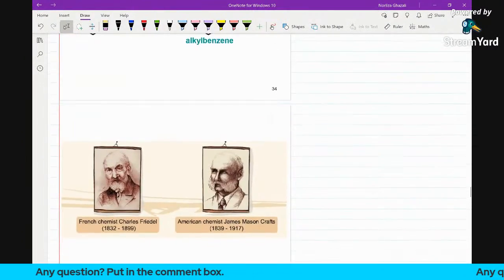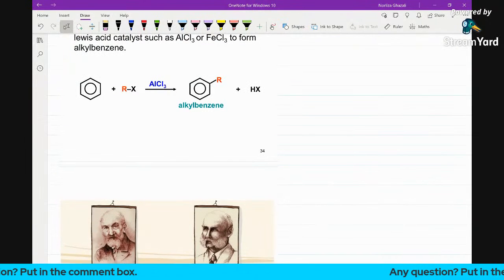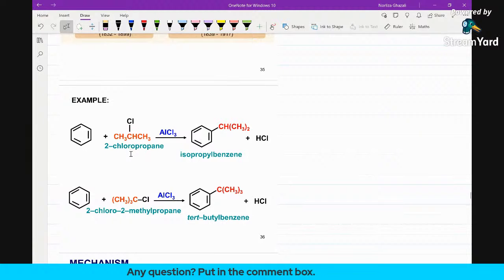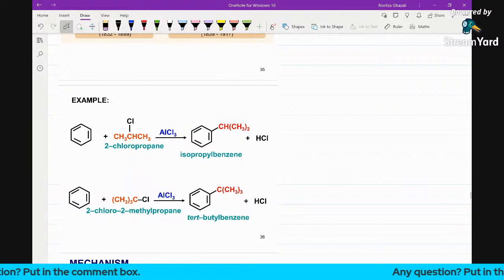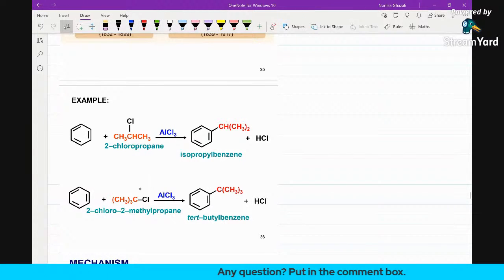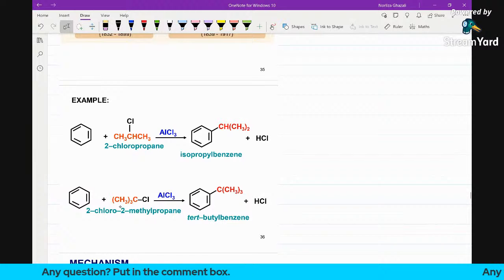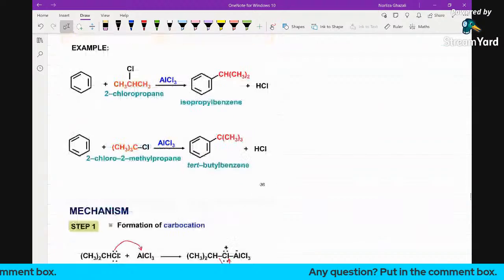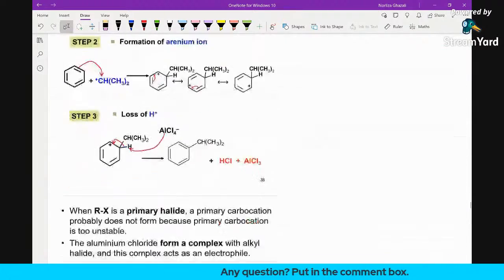So example, this is Friedel-Crafts alkylation. Alright. So benzene with 2-chloropropane, we have isopropyl benzene, and then benzene with 2-chloro-2-methylpropane, and we have tert-butyl benzene.